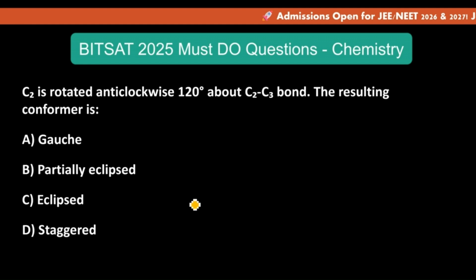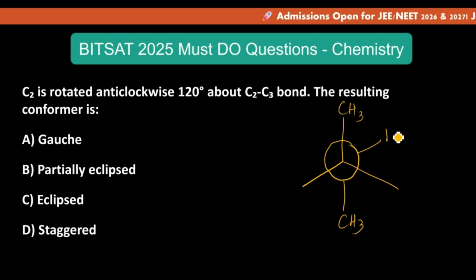Then: C2 is rotated anti-clockwise by 120 degrees about the C2-C3 bond. So they are asking about this configuration. This is our question. Okay, so this is C2 and this is C3.